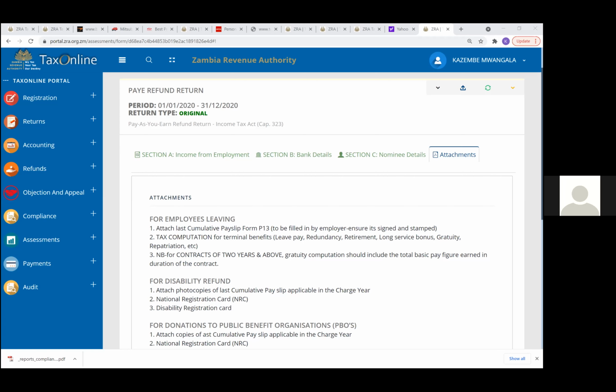Okay, Adrian, the querying of status, is it working on the ZRA portal? Well, not at the moment. What is happening mostly is that they can always just follow up with us.